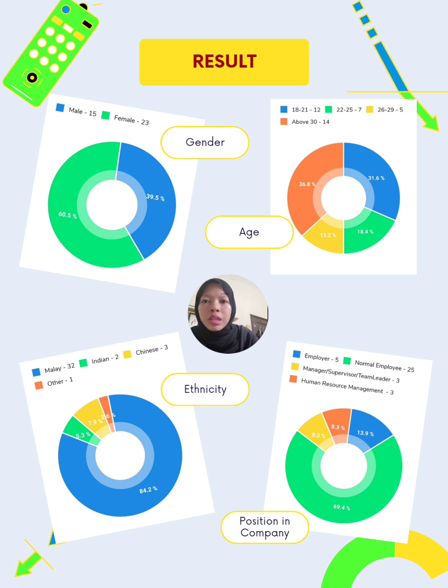Next is the manager, supervisor, and team leader, which is 3 respondents, 8.3%, and the same goes for human resource management, also 3 respondents and 8.3%. So we can see here that among my respondents, most are normal employees, and I believe that among the normal employees there are also part-timers.